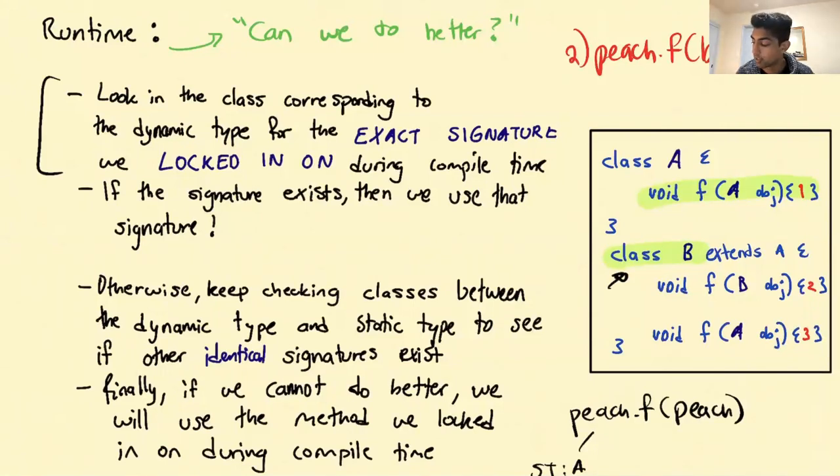So during runtime, we go to class B and ask ourselves, does this exact same method signature exist? If so, we would prefer to use that. It's better than what we had before because peach is actually an object of dynamic type B, okay? So we will prefer to use this method, and then we will actually execute that function call.